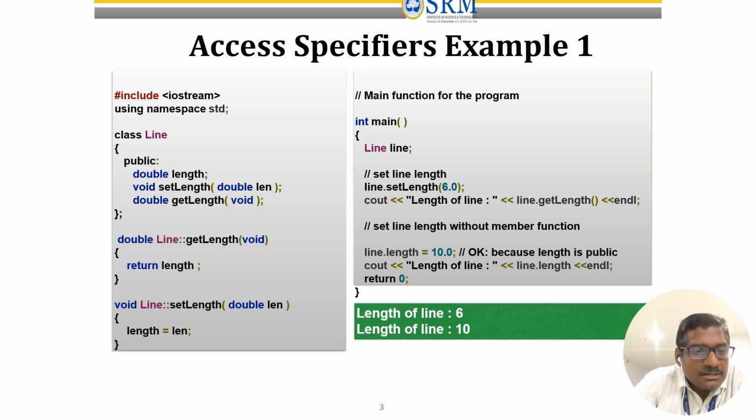Now come to the main function. We are creating an object line for your class Line, and here what access specifier are we using? Public only. So whatever data member we are using in public can be accessed outside of the class. Hence, set length can be accessed outside of the class.